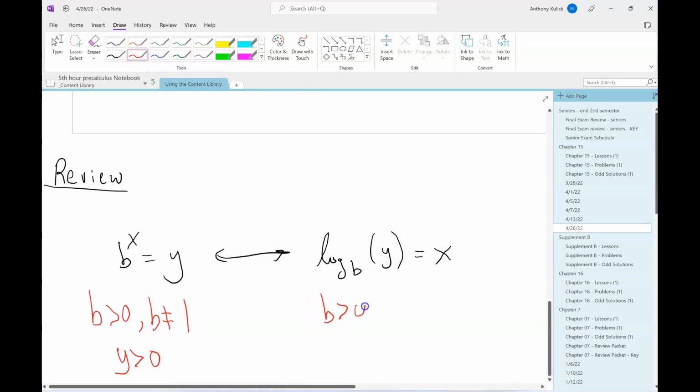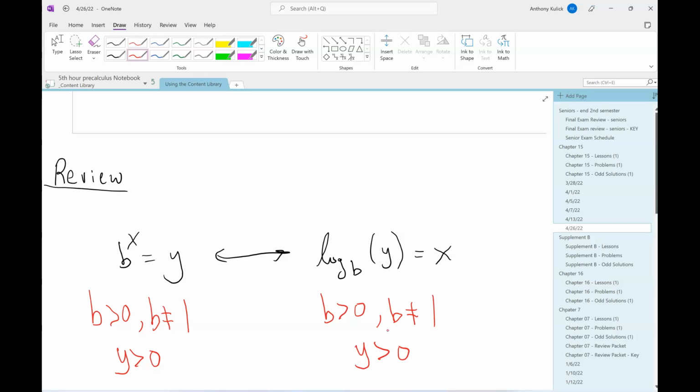And because these two equations are essentially the same thing, just rearranged, we can say the same requirements as to the value for b in a logarithm and the value for y in this logarithmic equation.